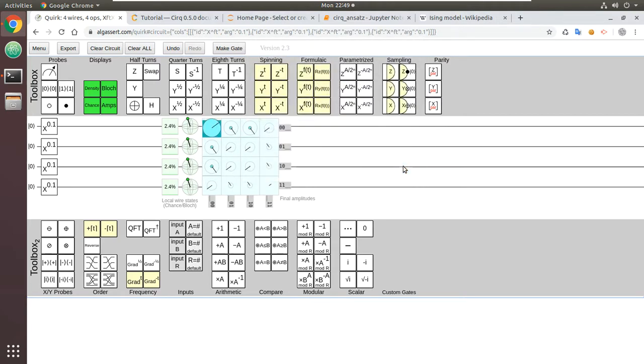So this is one thing. It also changes the phases, which is interesting to see. I wonder how the Hadamard will work here.